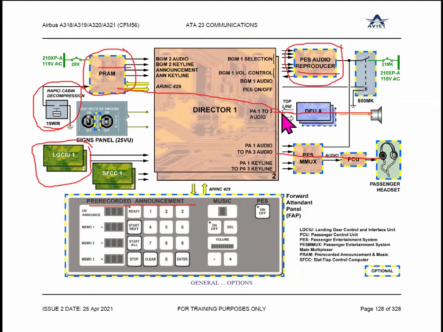My bad, not boarding music. In case of decompression, there is a safety briefing available, a process for the passengers on what they have to do in case of decompression. That will be played automatically through the loudspeakers if it is activated. I hope this is clear.